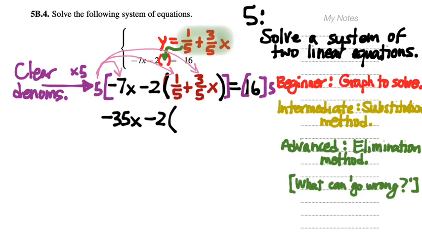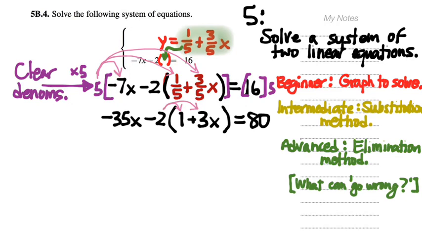I probably should have done the distribution first, but I'm going to skip that step for now. 5 times 1/5 is going to give me 1. You can check this fraction arithmetic later if you like. 5 times 3/5 is going to give me 3. And then on the right-hand side, I have 16 times 5, which is 80. Now, since all I have are whole numbers, I can carry out my distribution without worrying about any fraction arithmetic.